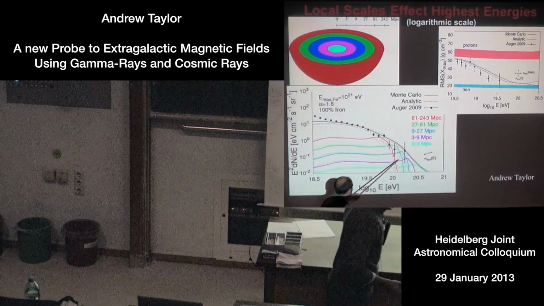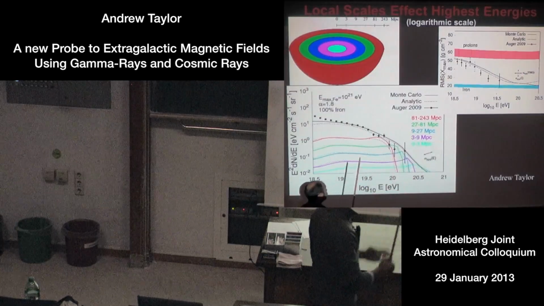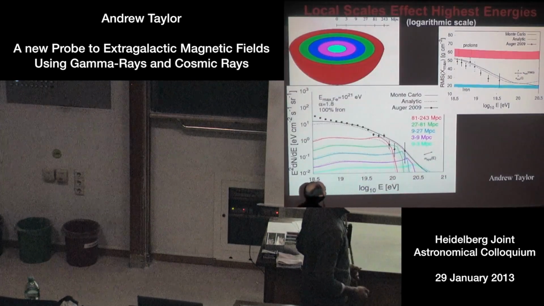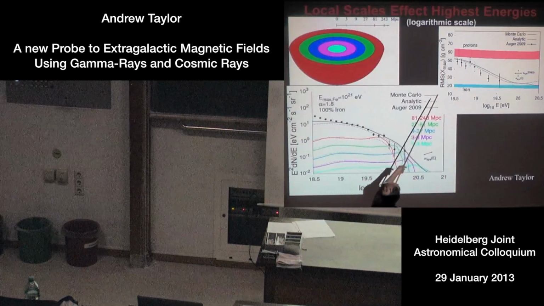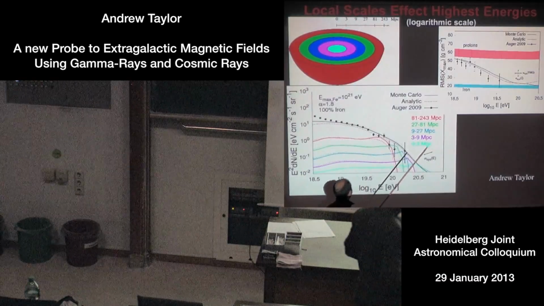And so we get to the point here where we essentially are probing pretty local regions with our ultra-high-energy cosmic rays. Okay, and along with that, I'll show you this is the RMS that we get for such a calculation.